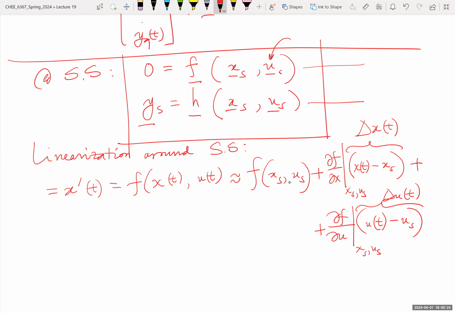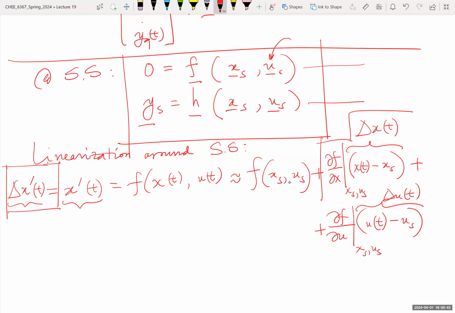And it's trivial to understand that this derivative is equal to that derivative because at steady state we have a constant. So you have now an approximate linear model that connects this with that plus that.